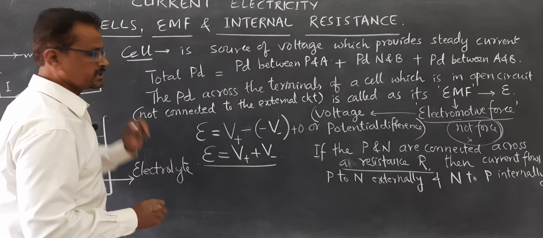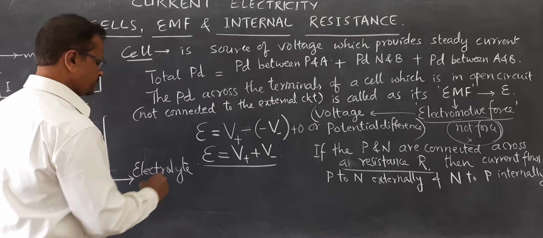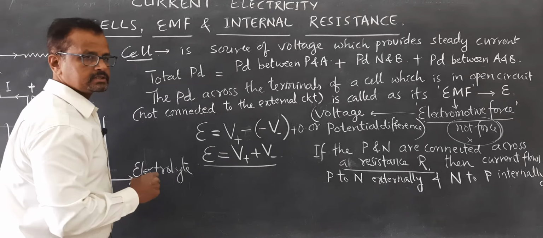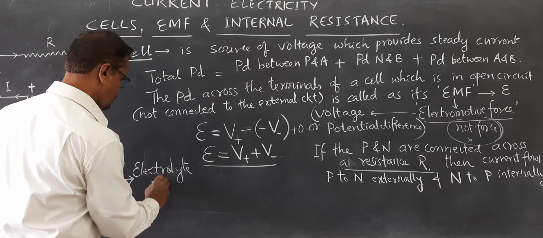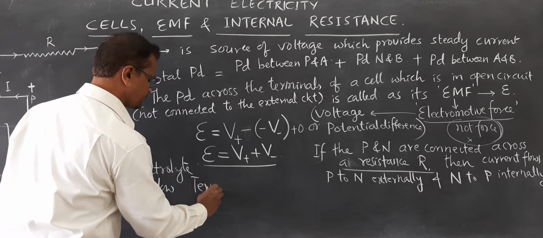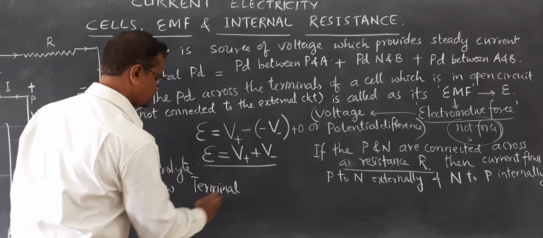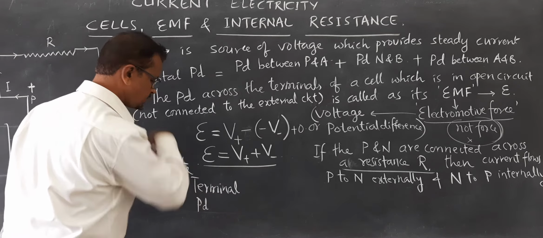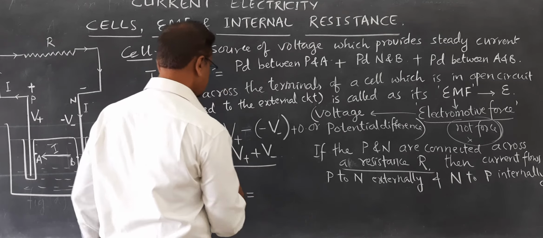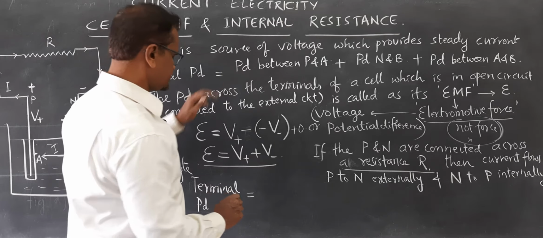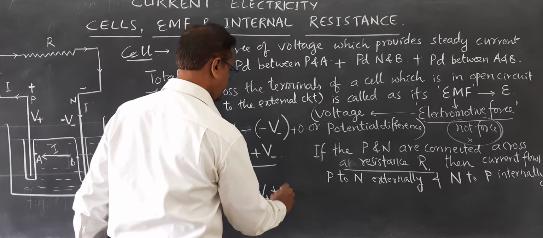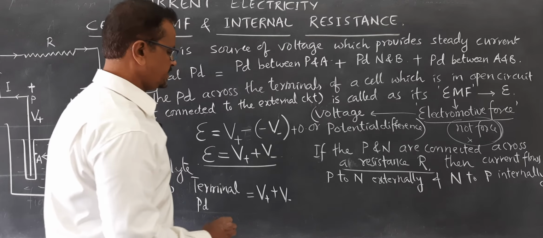Then I can write what is the total potential difference now. When the circuit is now closed through the external resistance R, the terminal PD becomes V plus V minus, right?